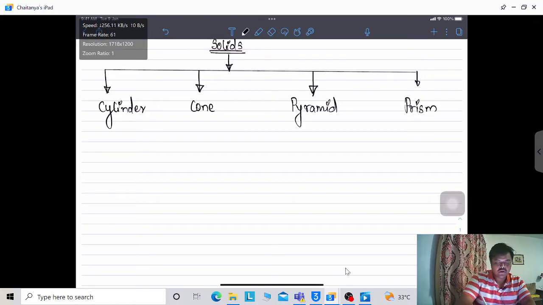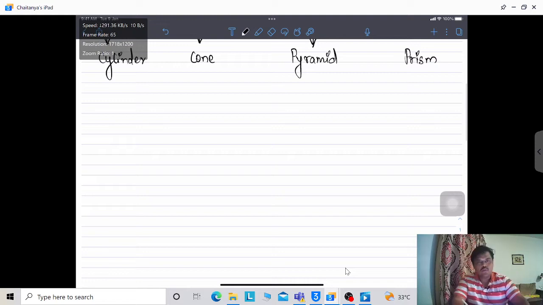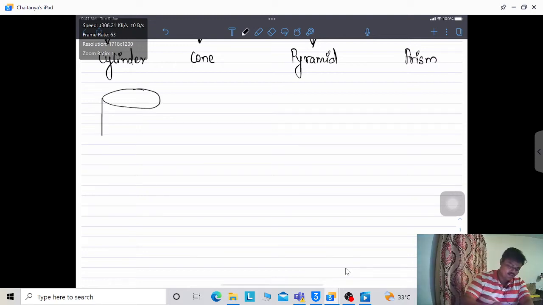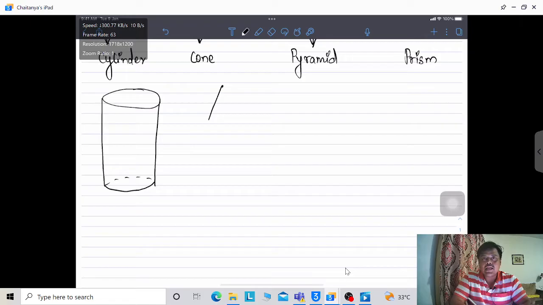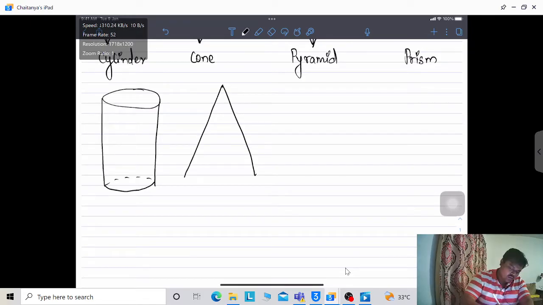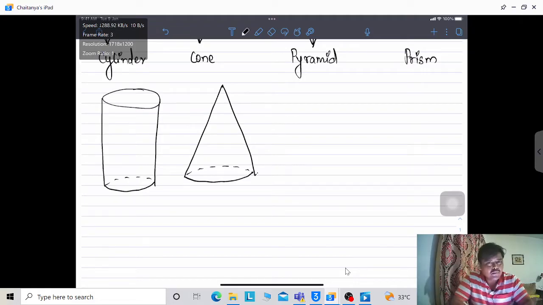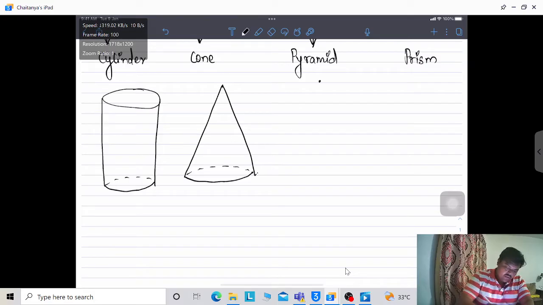When you're concerned with the cylinder it's quite simple. You must have seen a cylinder, where there is a circle on top and a circle at the bottom. So your cylinder will resemble this. This is a cone. When you are concerned with pyramid, I'll take the example of a square pyramid.